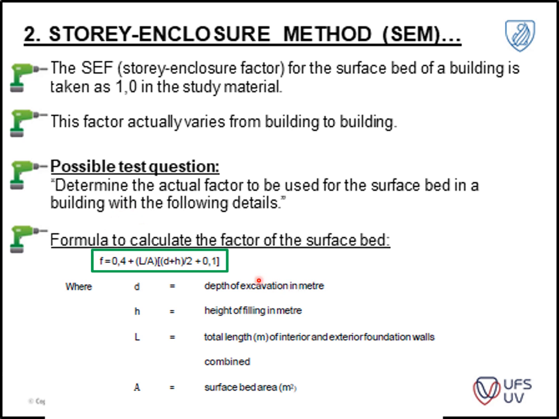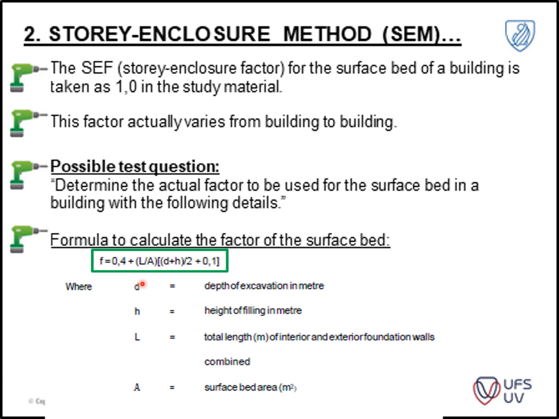The formula to calculate the factor of your surface bed is 0.4 plus the total length of the interior and exterior foundation walls combined, that's L, divided by the surface bed area, so you calculate your surface bed area as well, and you multiply that with the depth of your excavation in meters and then the height of filling in meters.